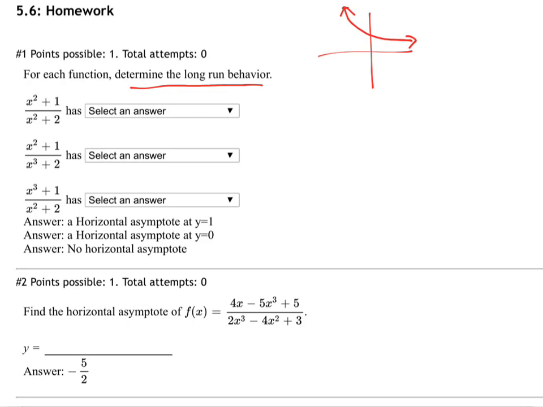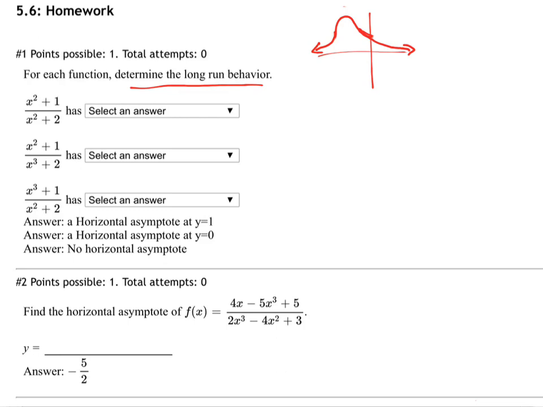Here, let me change this a little bit. What if the function kind of goes up and then like that? So, didn't do a very good job there. Let's see. So we're saying if this function looks like that. Let's suppose, I don't know what the function really looks like, but suppose it looks like that.